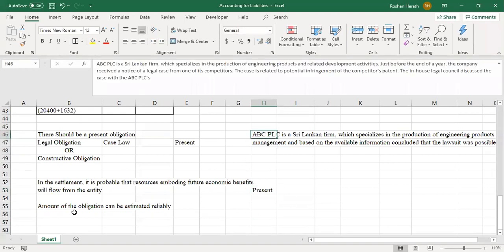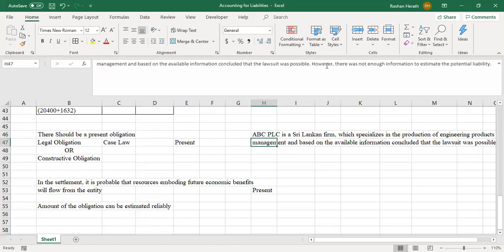Now the third one. What about the amount of the obligation? Can you reliably estimate that? The in-house legal counsel discussed that. However, there was not enough information to estimate the potential liability. You might not have come across a claim of this nature, so you do not have adequate information.